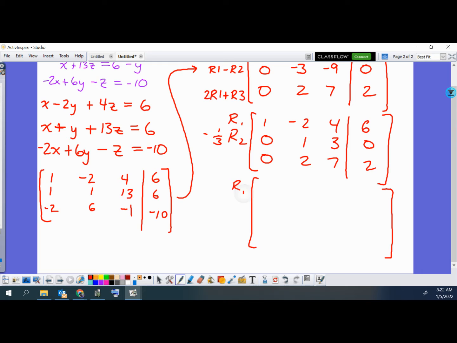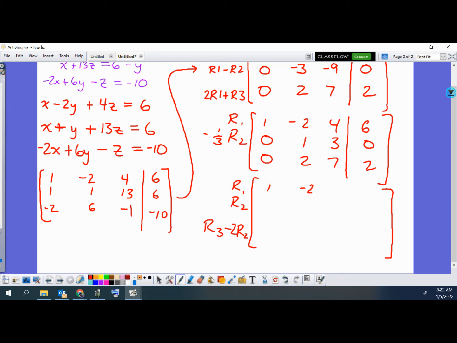All right, row 1 and row 2 stay the same now. And now it's row 3 minus row 2, all the way through there. Because now my goal is to get a 0 there. Once I have that, then I'll very easily be able to do back substitution to solve the system.